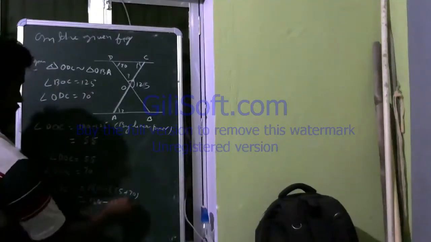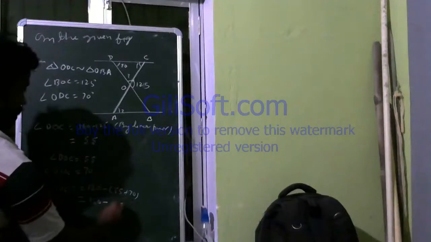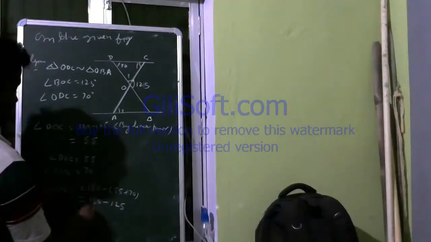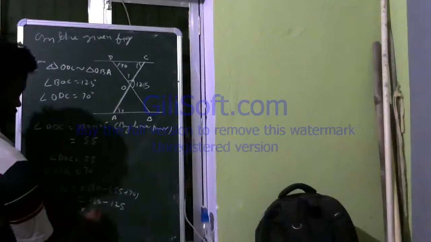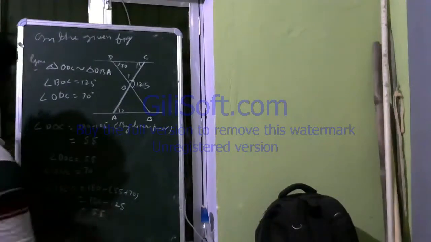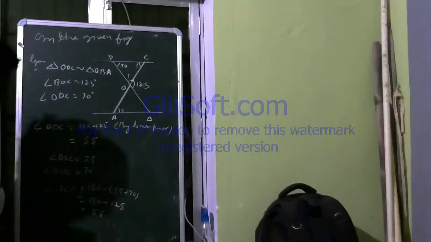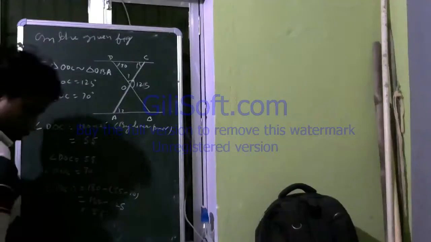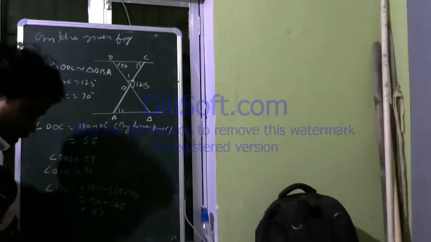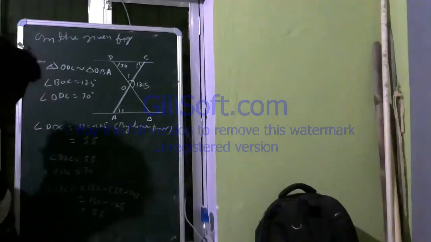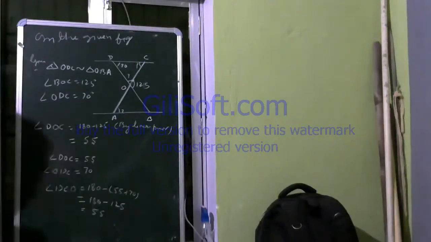So right here 125 and we will get 55, again we will get 55. DCO is also 55 degree.